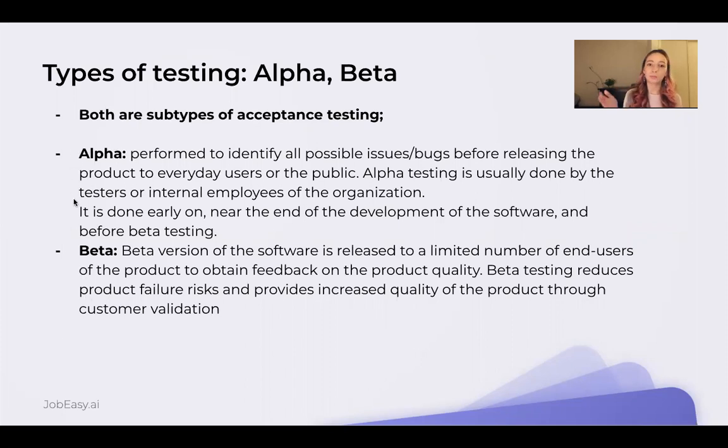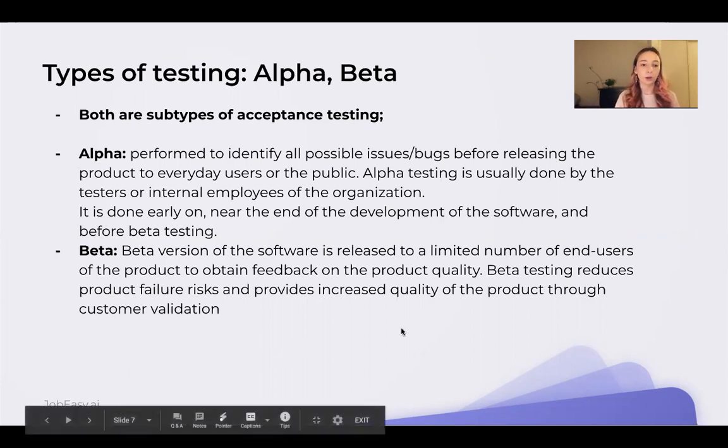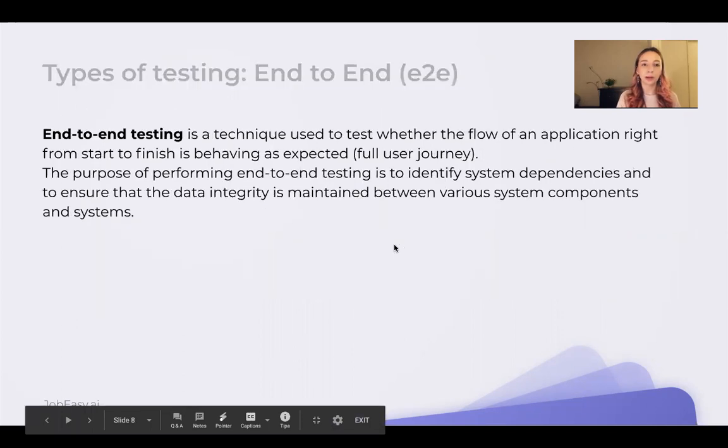So companies pick if they want to have these stages or not. Usually this kind of testing is done before major releases of a certain feature or a first release of a product in order to make sure that we are actually safe and not delivering something that is broken for the end users. Okay, let's move on.